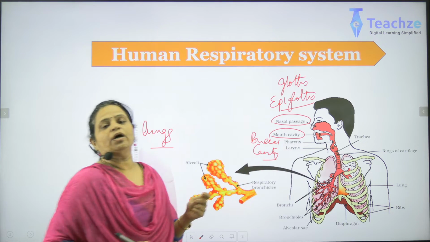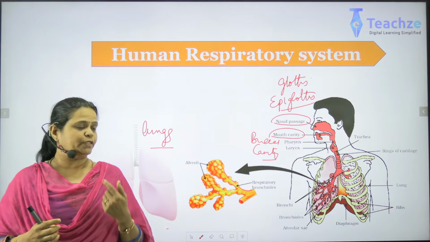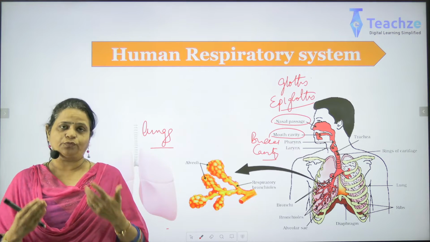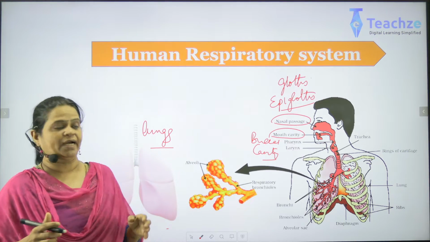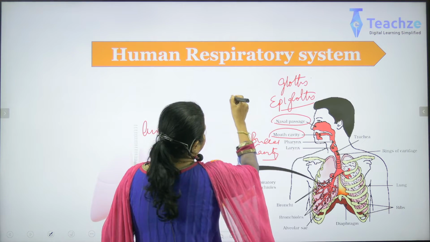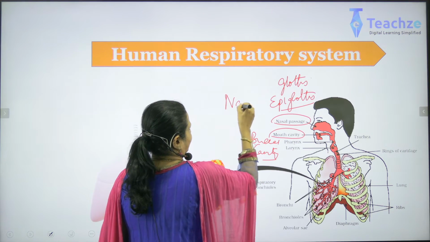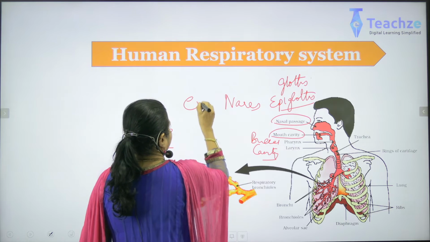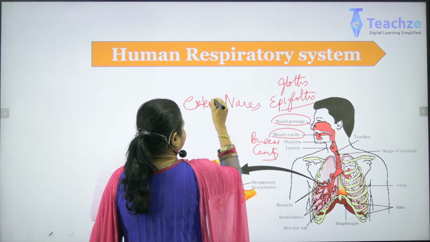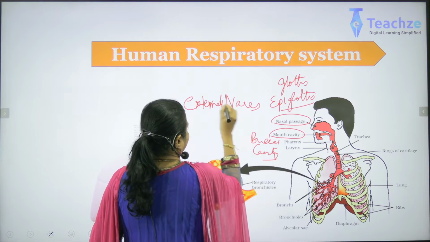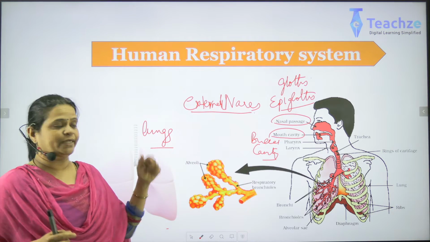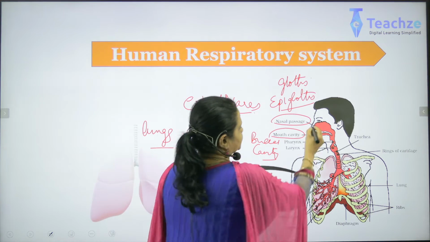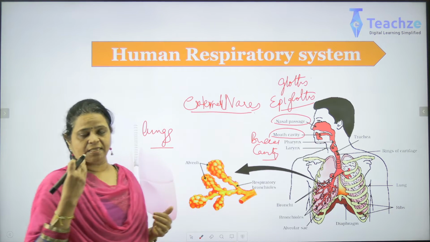Now, we all breathe by means of two external nostrils. We have external nostrils, which are not present in most animals. External nostrils are otherwise called the external nares, so another name for nostrils is nares. External nostrils lead into the internal nostrils, that is what is called the nasal passage.